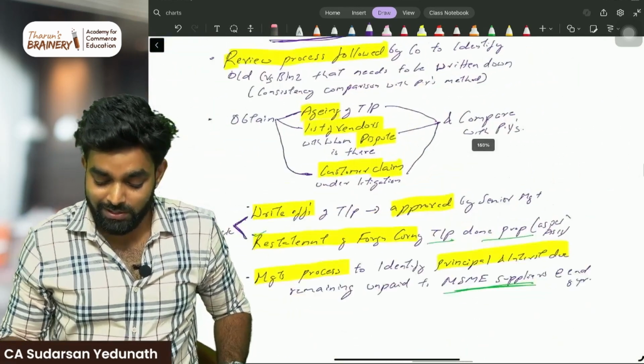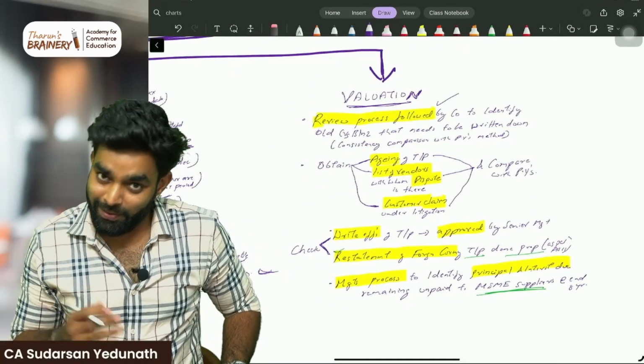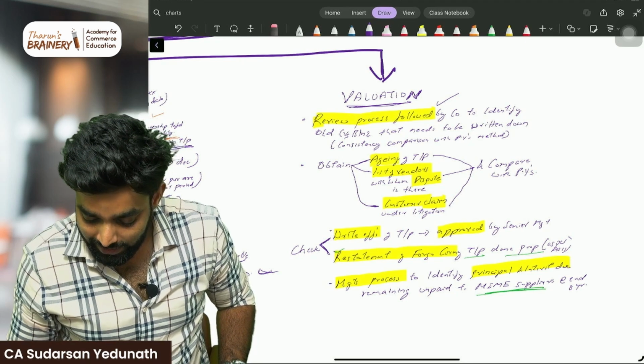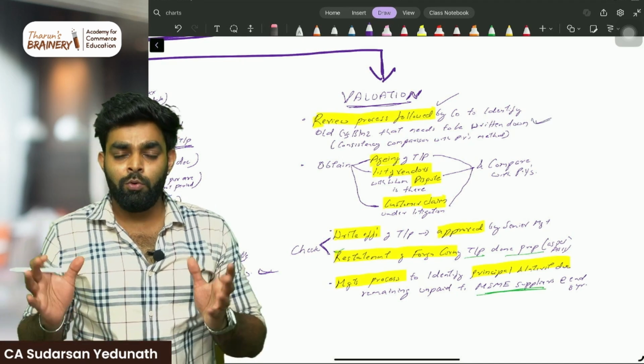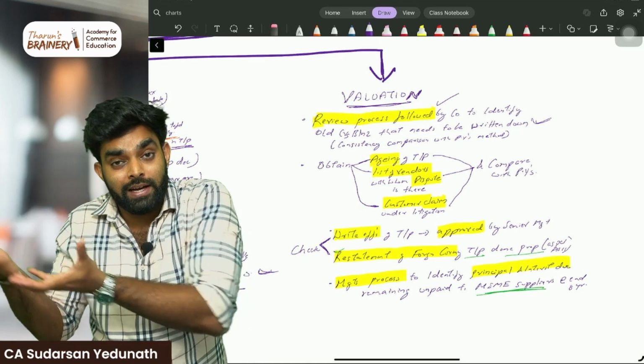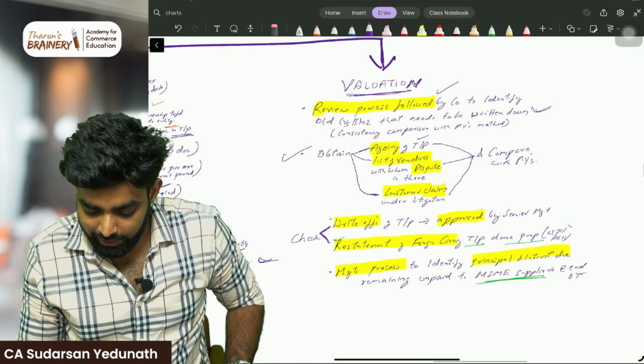Then similarly, valuation for trade payable. Review the process followed by the company to identify all the creditors balance that need to be written off. Simple. Then obtain the aging report of trade payables.